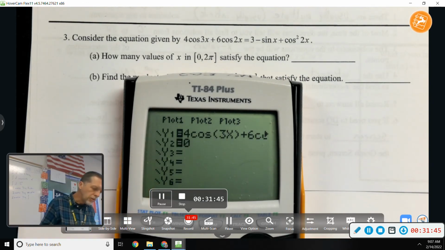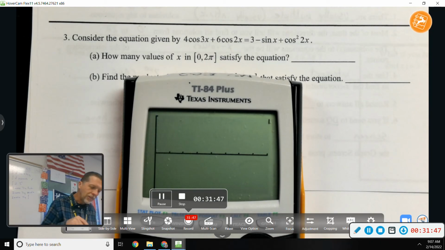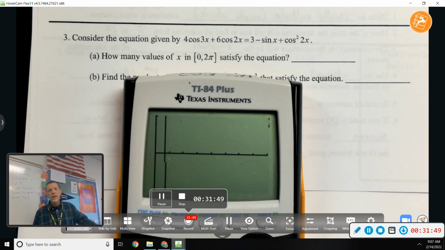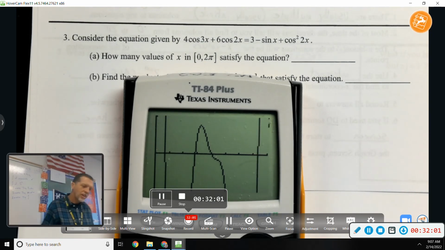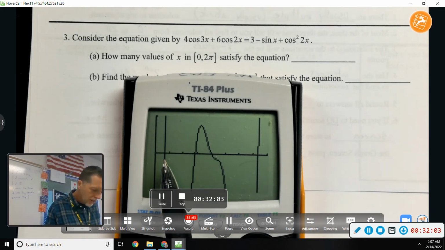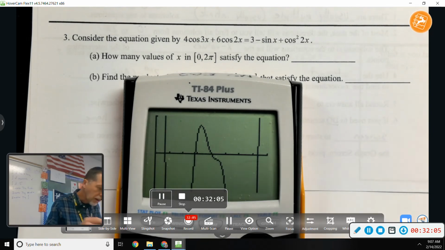And who knows what that's going to look like, but I don't really care what it looks like. My y window is negative 1 to 1, so I'm really not seeing much, but I don't care. All I care about is where it crosses the x-axis, where it intersects with 0. 1, 2, 3, 4 times.